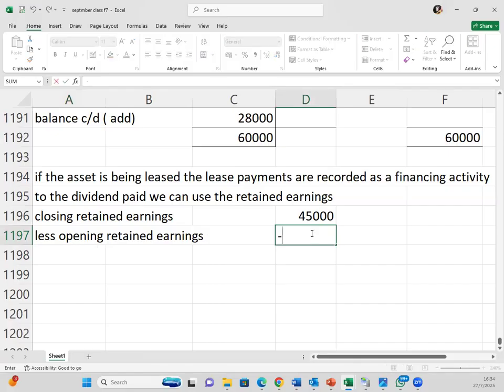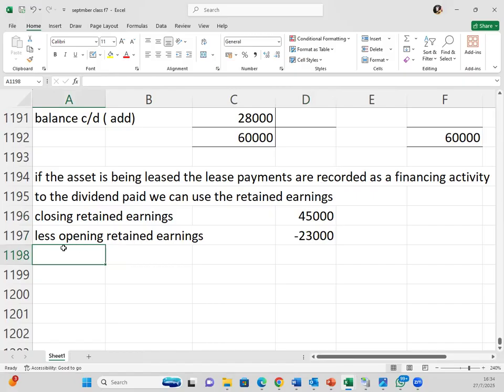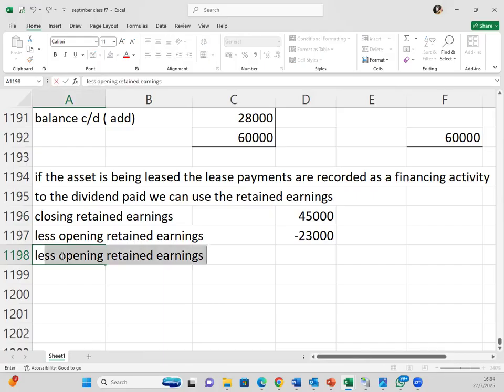Let's say the opening were 23. This will give us the profit which was made during that year.